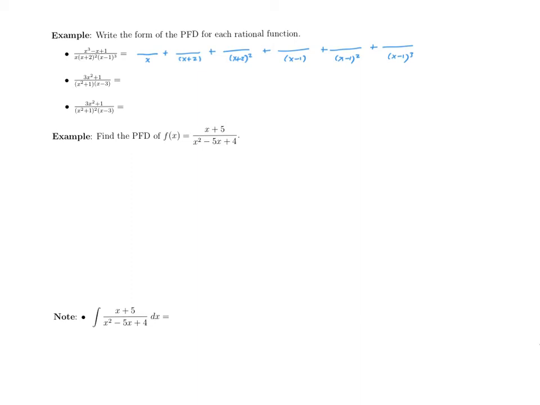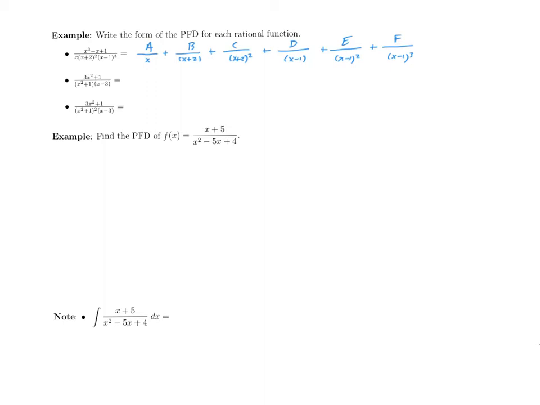And whenever that term comes from a linear factor of the denominator, which is all we have in this case, we balance it out with a constant. So A, B, C, D, E, and F. This is what we'd refer to as the form of the partial fraction decomposition.